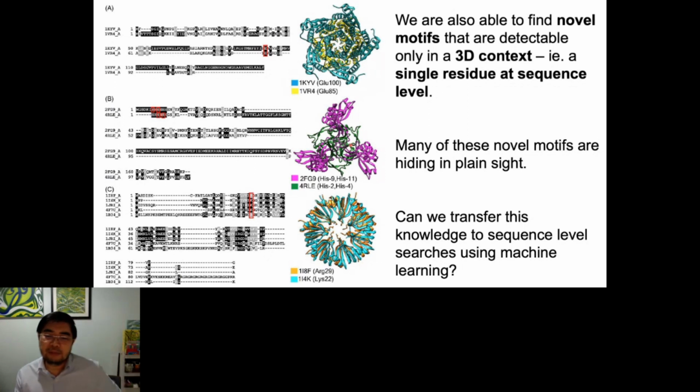So the interesting thing would be, can we transfer this knowledge to sequence level searches using machine learning, and from there also improve algorithms that deal with assembly of these proteins.